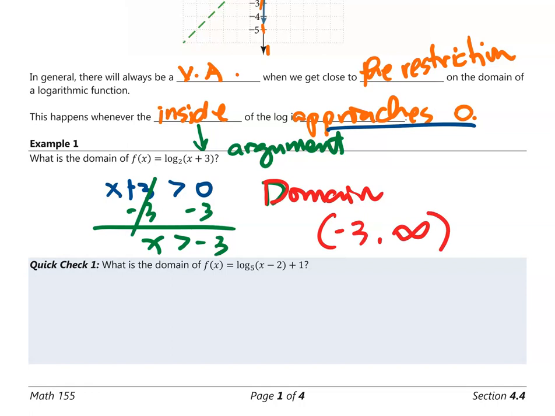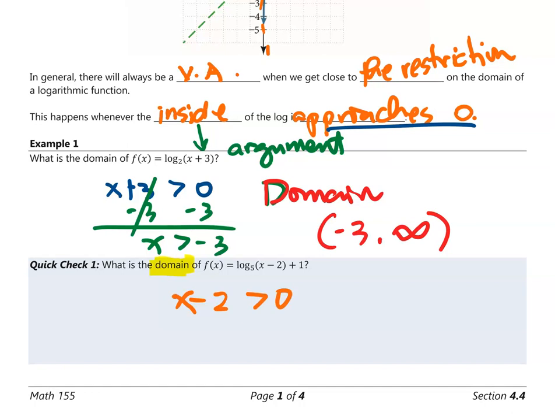Okay, let's have a quick check. What is the domain of f of x equals log base 2 of x minus 2, plus 1? So again, what's inside here is x minus 2. So let's use that greater than 0, and solve for x.